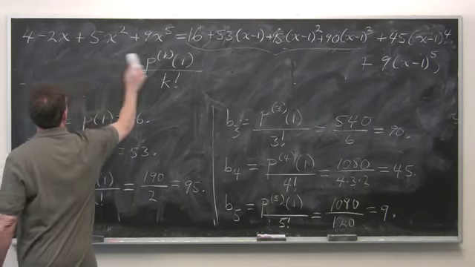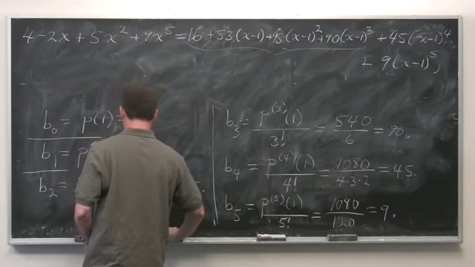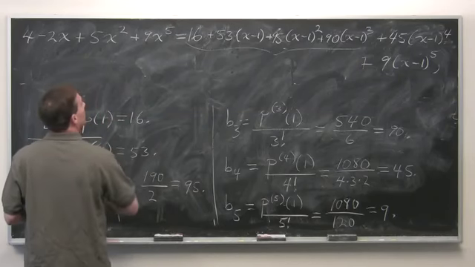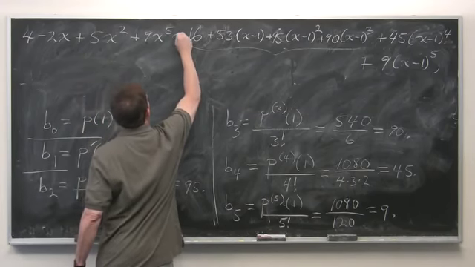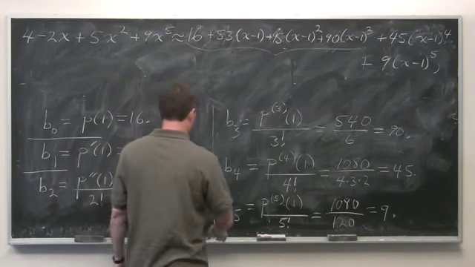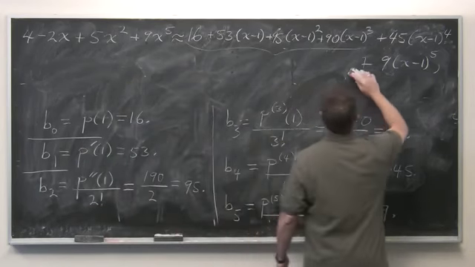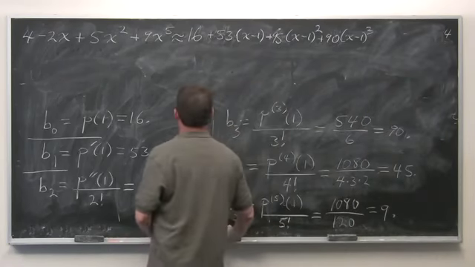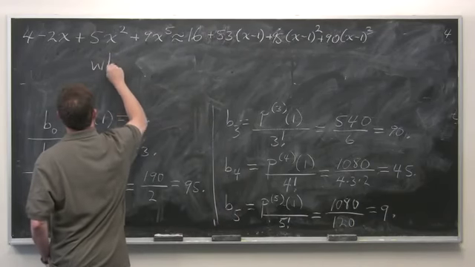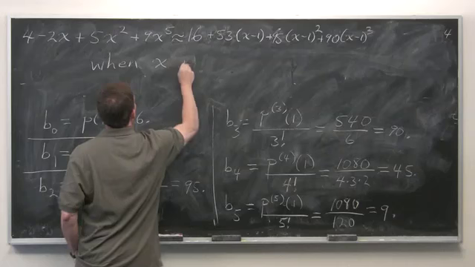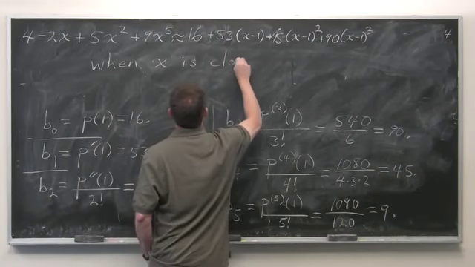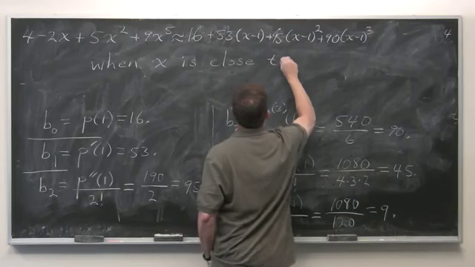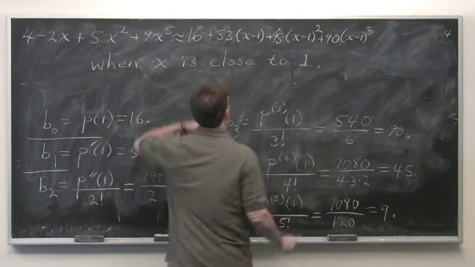So our final solution, what we were told to do, would be that this is approximately equal to this part, when x is close to 1. Right? Because it's true over here.